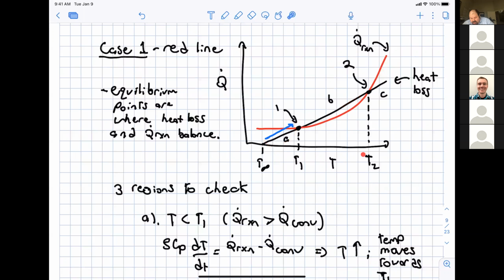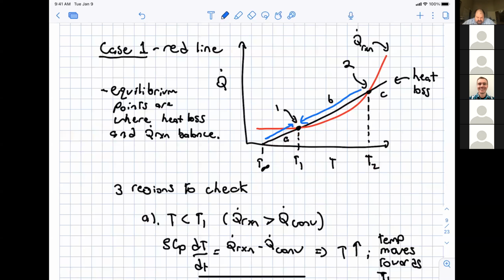So no matter where I am between T1 and T2, as long as I'm not at exactly T2, the system will cool down until it hits T1, where the rate of convective heat loss and chemical heat generation are perfectly balanced. So if I could draw an arrow of the solution direction, if it was transient, it would run like this.